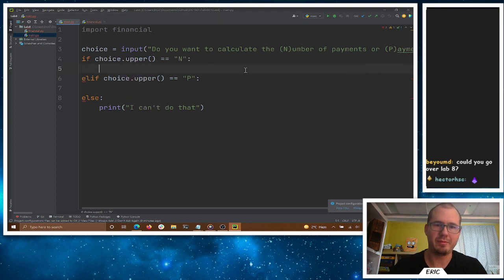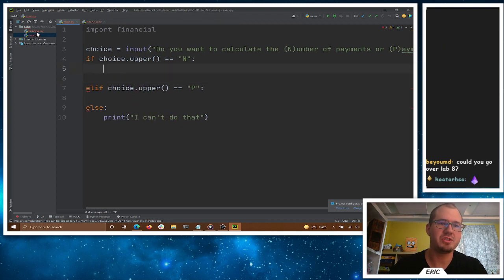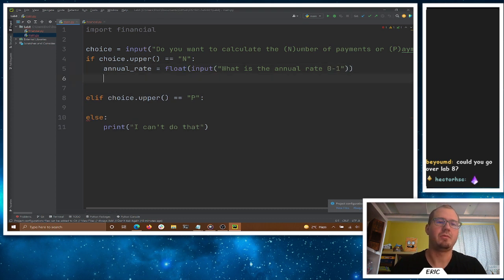All right, so for number of payments, then, we needed those 3 pieces of information. So we needed the rate, annual rate, equals probably a float of an input. What is the annual rate? 0 to 1. And then we'll have the payment amount.